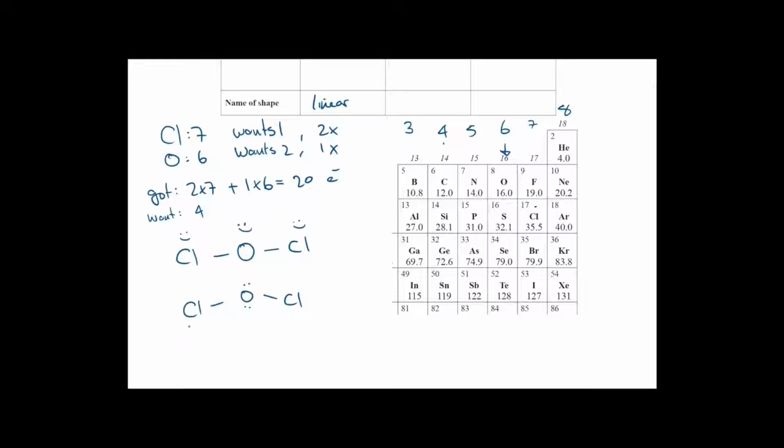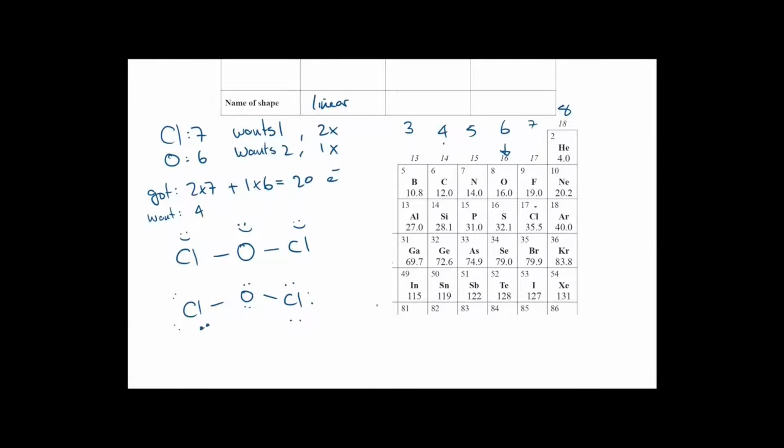And these have got 6 to make up, however you want to put them in. 2, 3, 4, 5, 6, 7, 8 happy. 1, 2, 3, 4, 5, 6, 7, 8 happy. 2, 3, 4, 5, 6, 7, 8 happy.